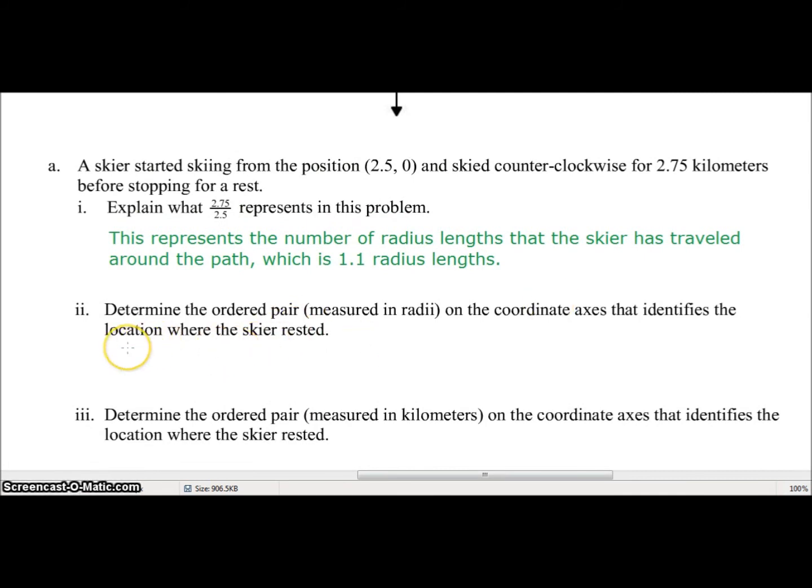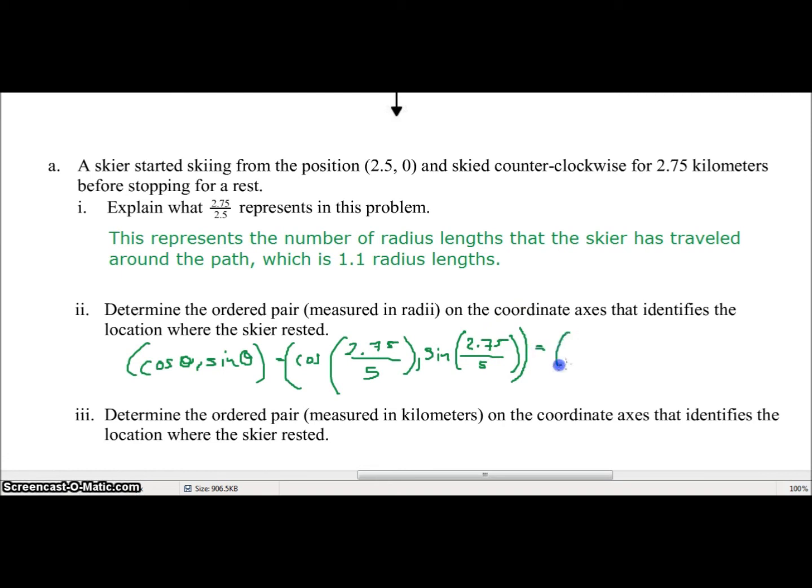We are 0.454 radii away, so our point is cosine of theta, sine of theta, or cosine of 2.75 over 5, sine of 2.75 over 5, or 1.1, which is equal to about 0.45, 0.89. Those are in radii.